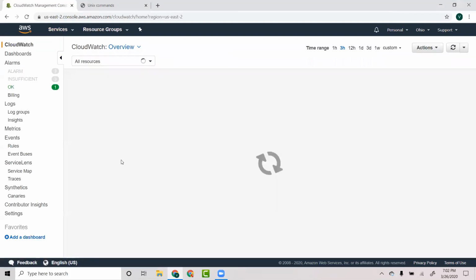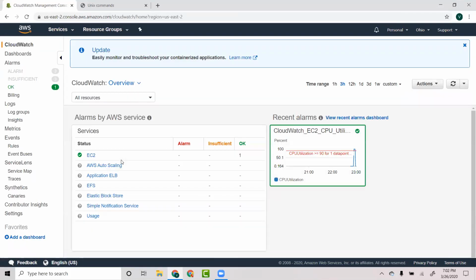Insufficient data means, let's say if I change it from 1 minute, as Ravi was saying, to every 30 minutes, the first 30 minutes will be in insufficient data because it's not able to determine whether it's an okay state or an alarm state, until it gets the first byte of data.